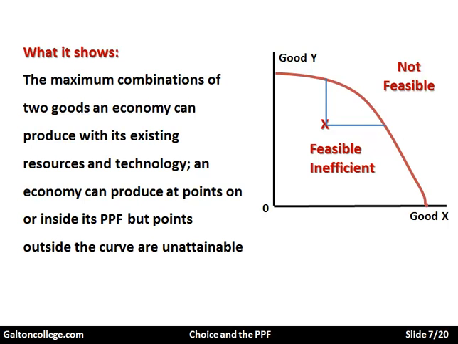So if you put the cursor back on the screen, anywhere inside this little area here is more efficient than X. X is inefficient. So it could, for example, with the given amount of Y, produce more X. Just simply move over here. It has the resources to do it. Or with the given amount of X, have more Y. Or anywhere in here.